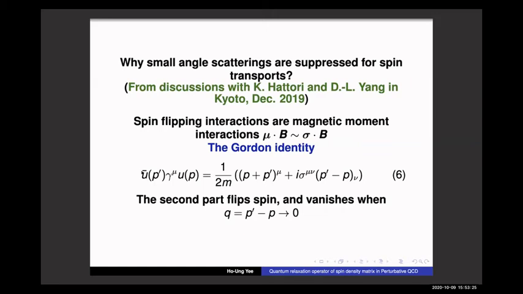So if the momentum transfer goes to 0 or the angle goes to 0, these spin flipping interactions are suppressed, and this additional suppression seems to be responsible for this large angle dominance of the spin transport.